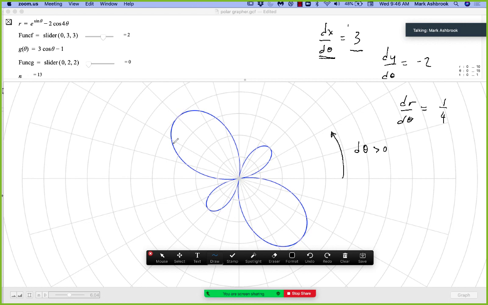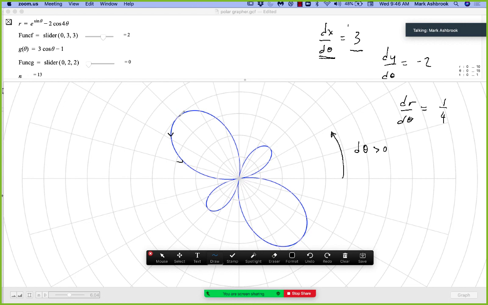What about dy/dθ equals -2 along here? Yes, because this is the direction of increasing theta, counterclockwise, and y goes down. What about along here? Is dx/dθ positive or negative? It's positive, because as theta increases, we're heading to the right.